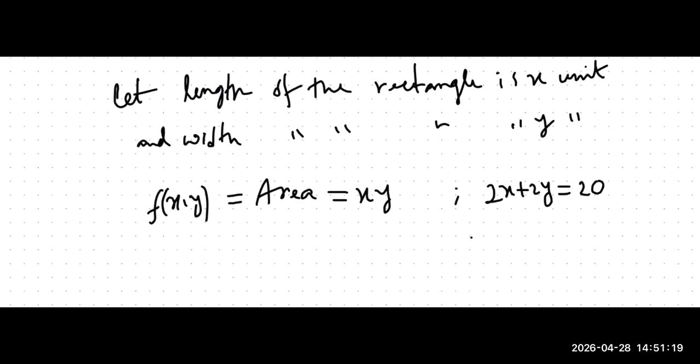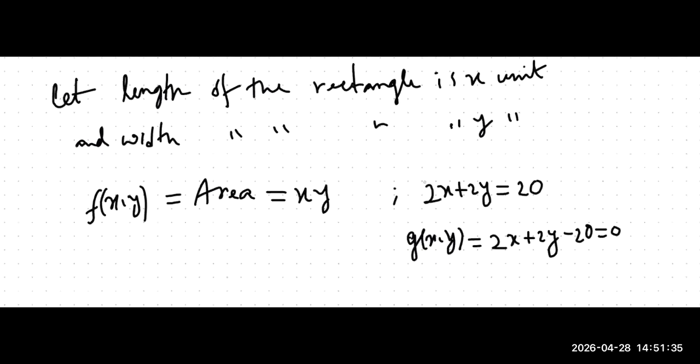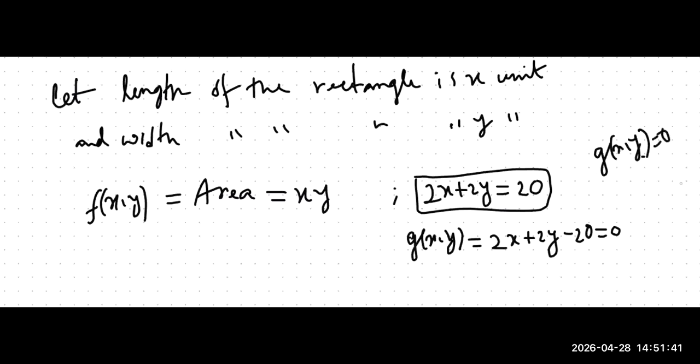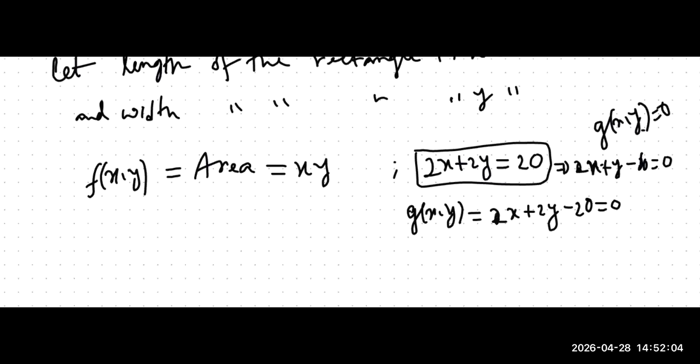So our g of x comma y is 2x plus 2y minus 20 equal to 0, because we need to write this equation in the form g of x comma y equal to 0, with all quantities on the left-hand side and 0 on the right-hand side. Dividing by 2, we can write g of x comma y as x plus y minus 10 equal to 0.